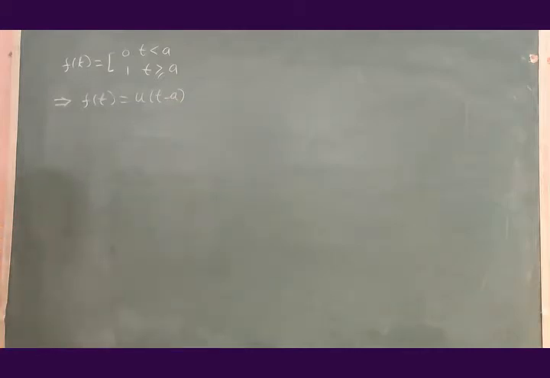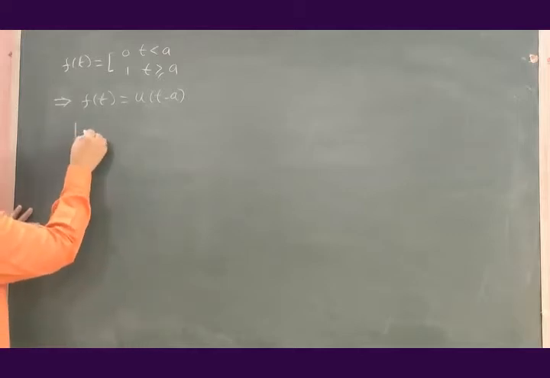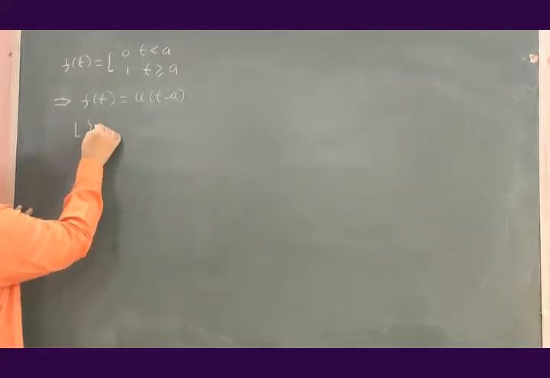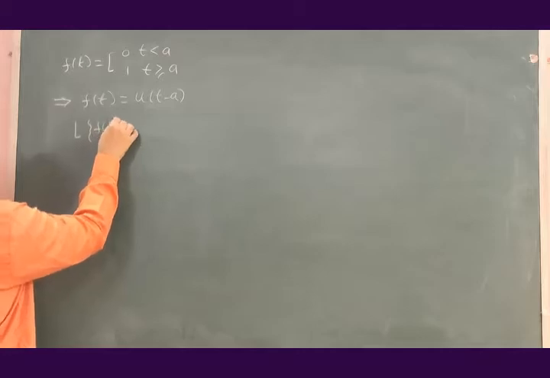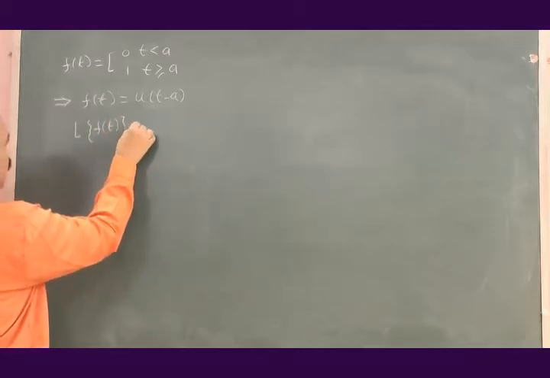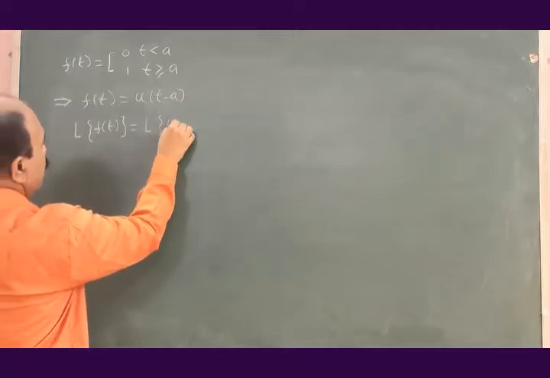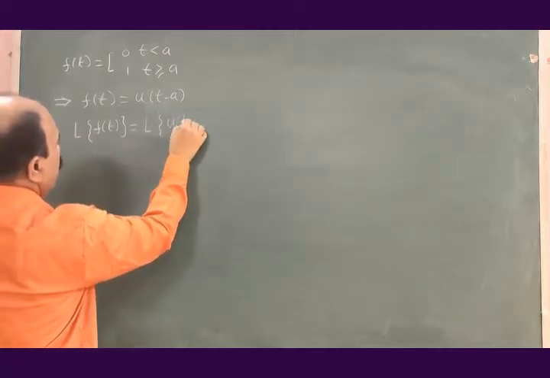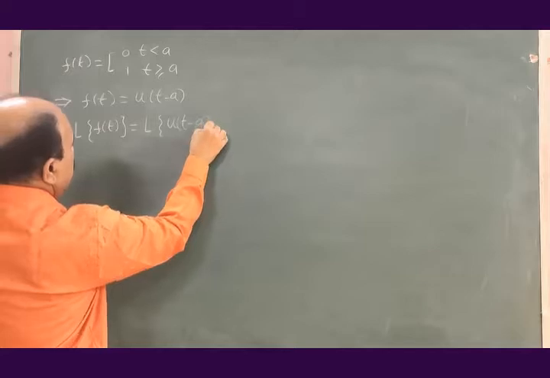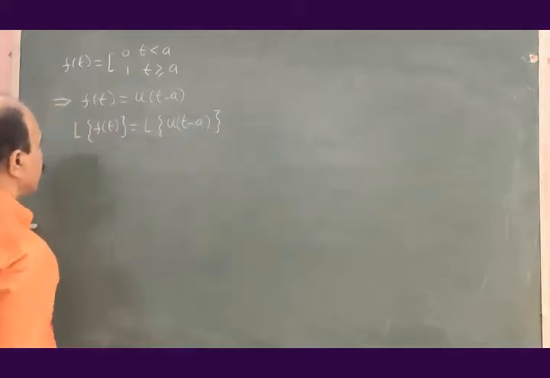It is clearly f of t is equal to u of t minus a, and therefore Laplace transform of f of t is equal to Laplace transform of u of t minus a.